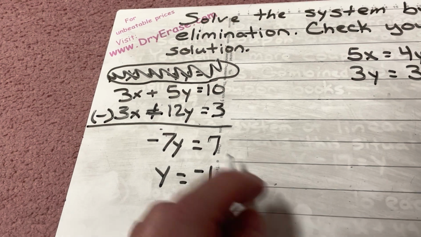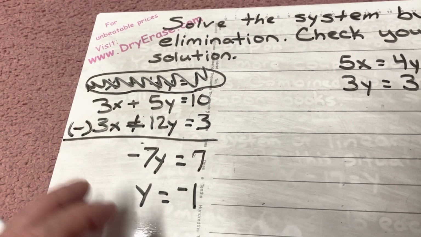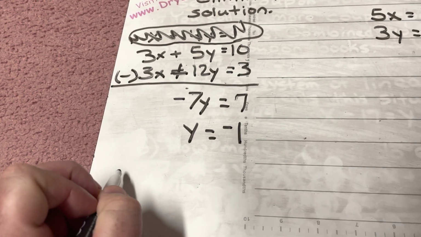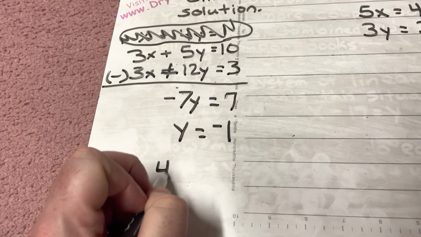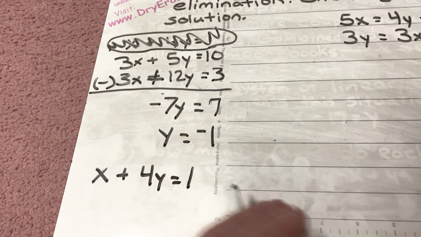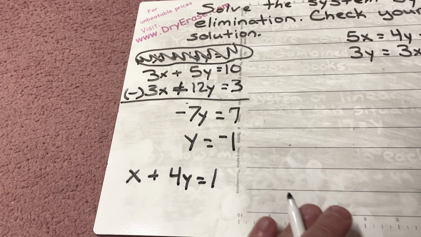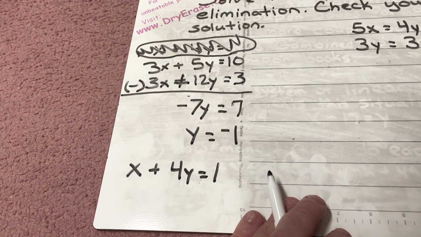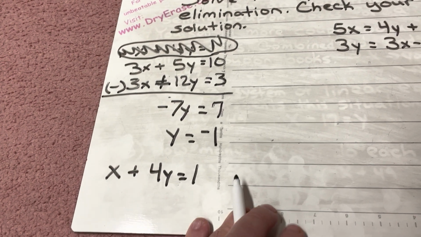I know that x was isolated here, and so if I go back to what that equation was, it was x plus 4y equals 1. I want to try to use the simplest equation that I can possibly use. So I'm going to go ahead and stick in y equals negative 1 here.